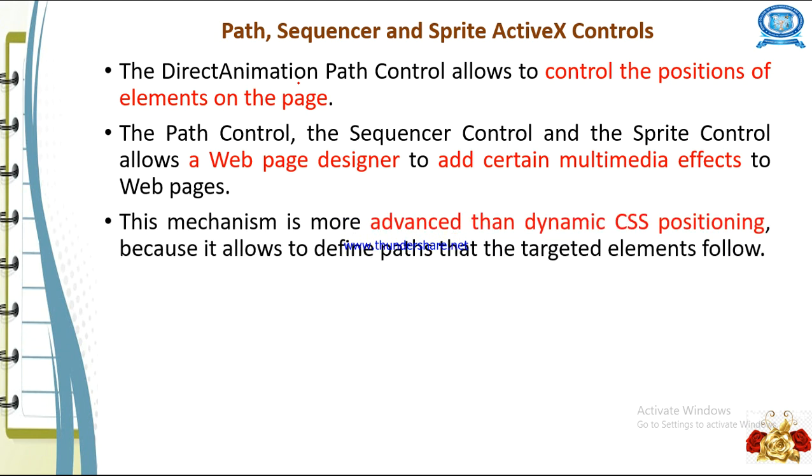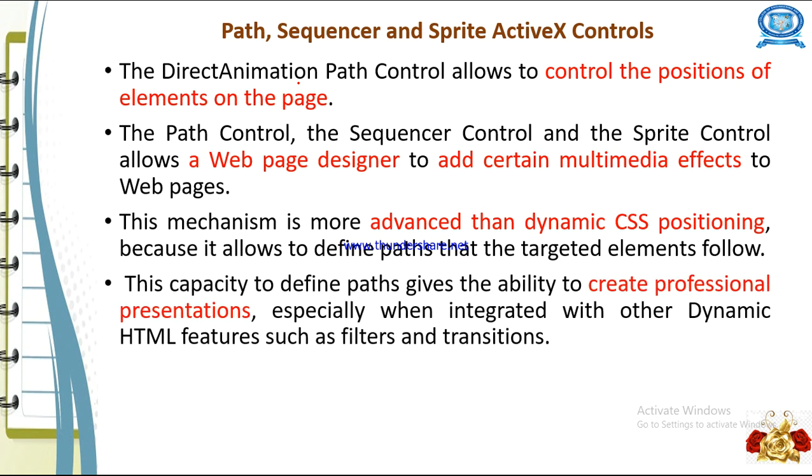The mechanism is more advantageous than dynamic cascading style sheet positioning, because it allows you to define the path that the target elements follow. The capacity to define the path gives the ability to create professional presentations, especially when integrated with other dynamic HTML features such as filters and transitions.